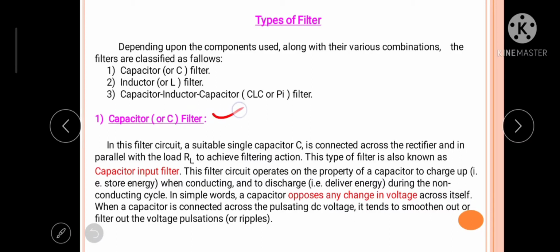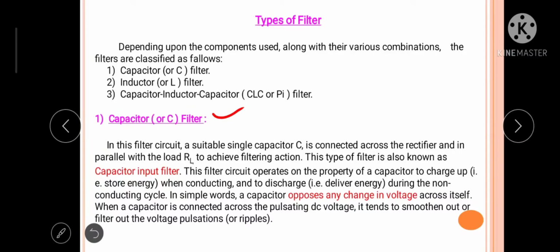Now come to the first type, the capacitor or C filter. In this filter circuit, a suitable single capacitor is connected across the rectifier and in parallel with the load resistance RL to achieve the filtering action.